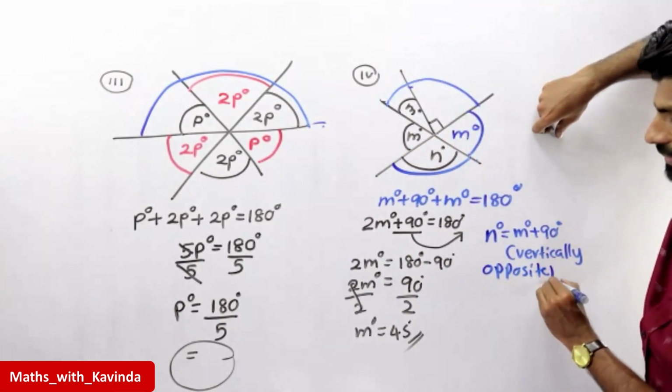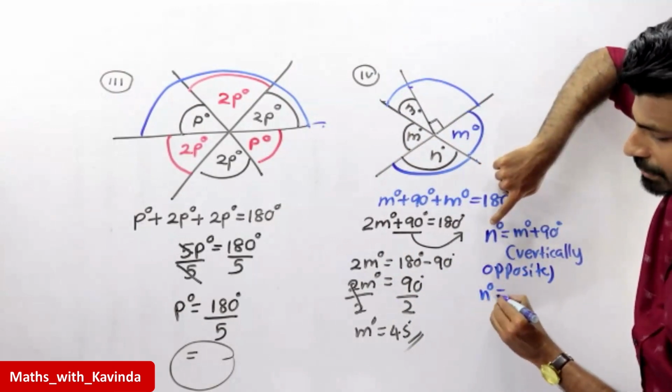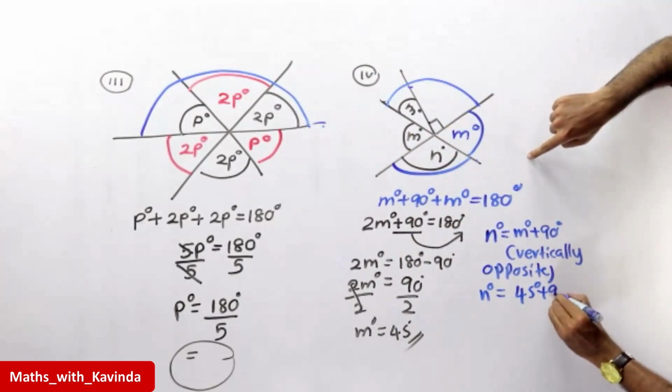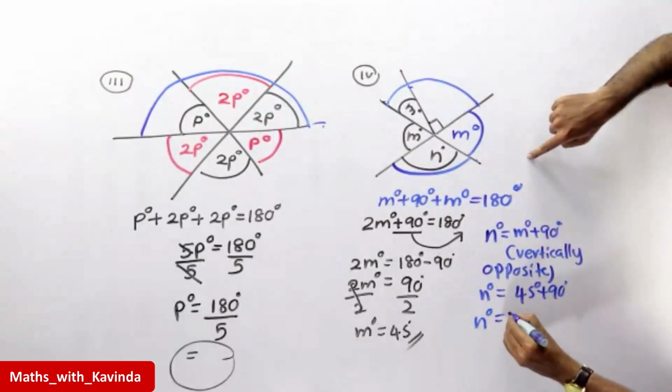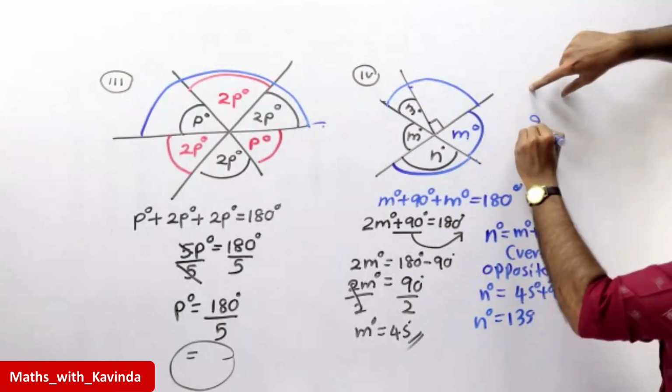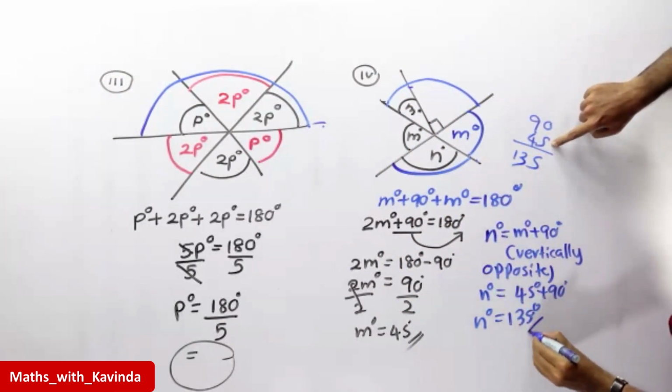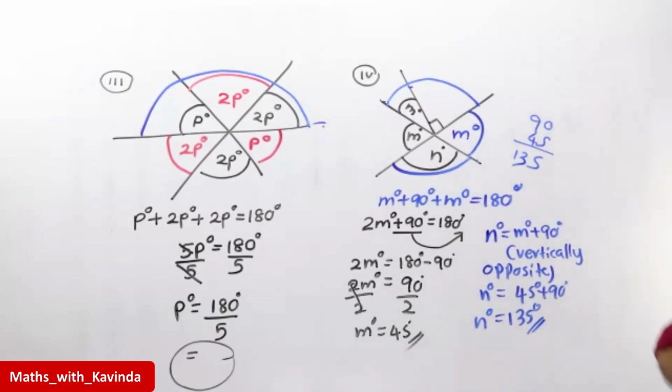So N equals M, which is 45, plus 90. 135. 90 and 45. 135 degrees. N equals 135 degrees.